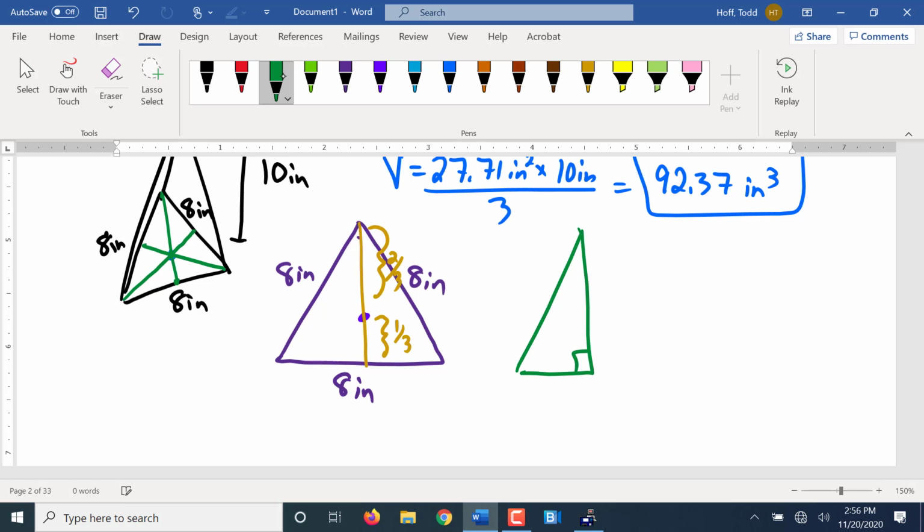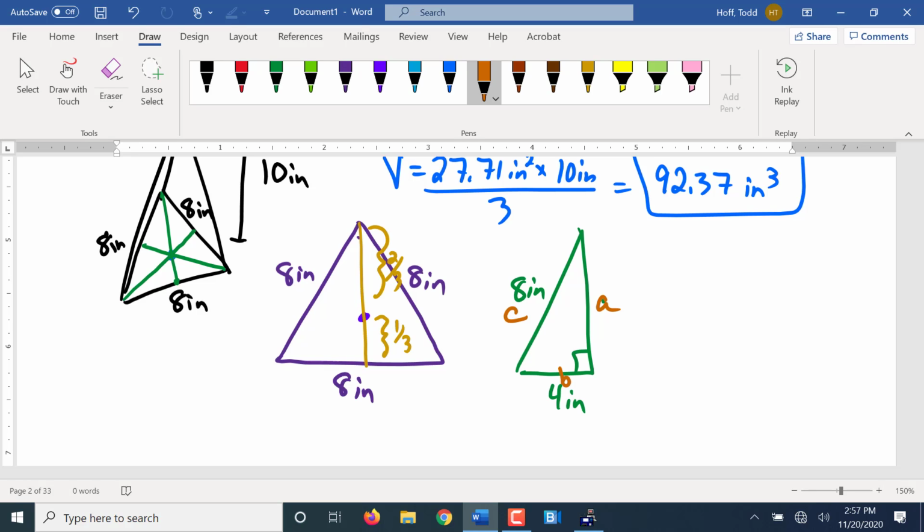If I cut this triangle in half and just take that, this is going to be 4 inches, half of the 8. This will be 8 inches. I can find that length by labeling it side A. Which one would be side B? 4, and of course the hypotenuse, side C, would be the 8.